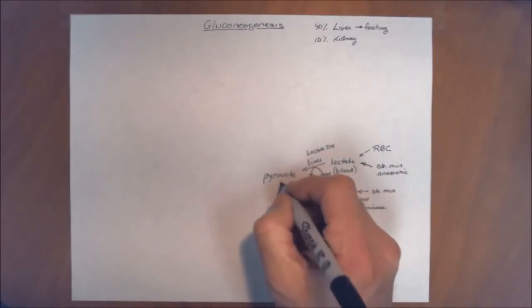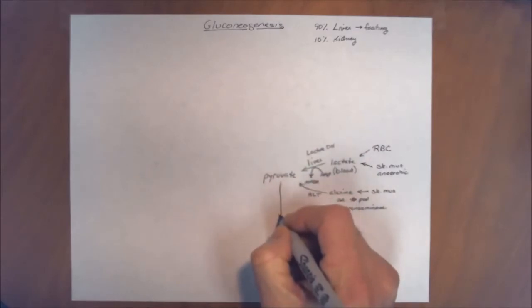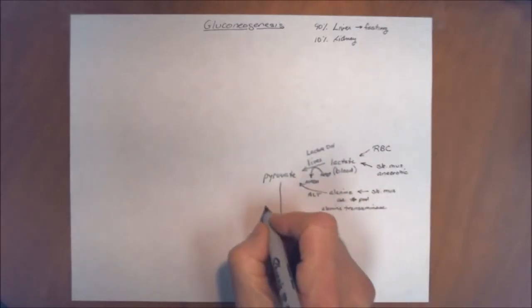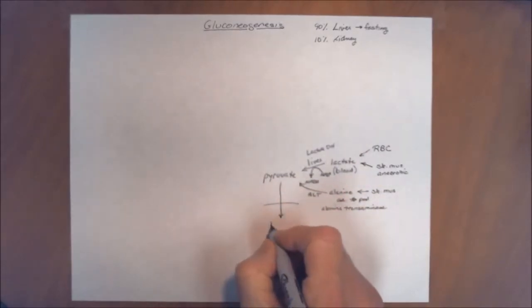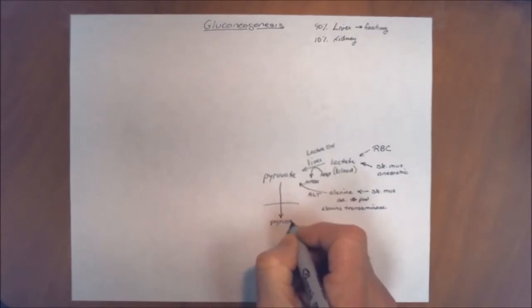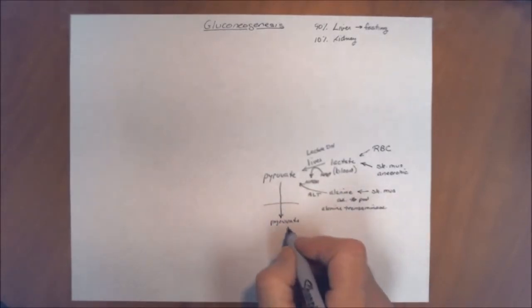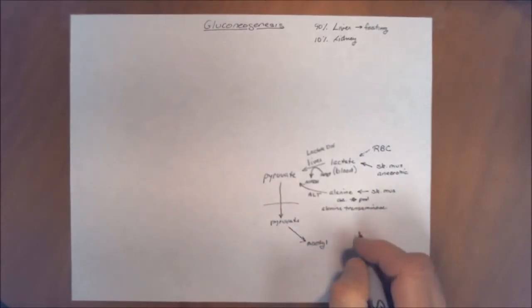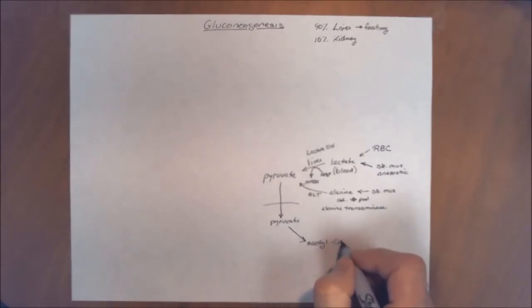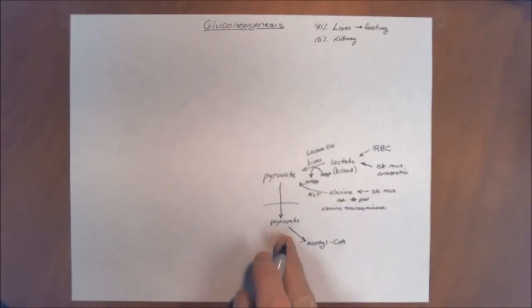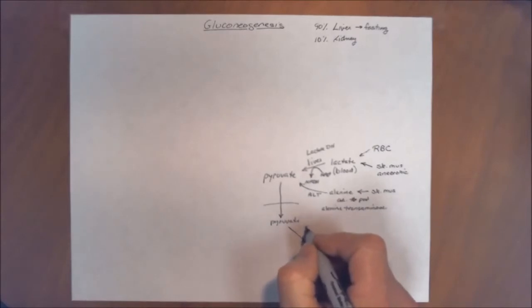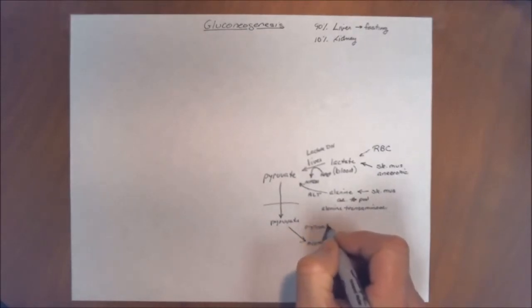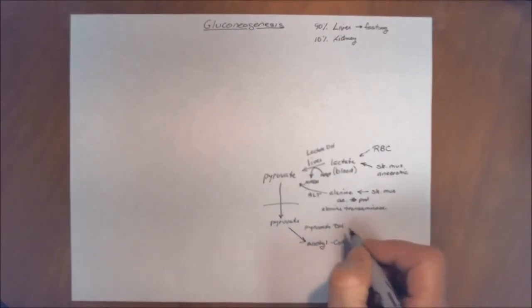Now the pyruvate enters the mitochondria, as we've seen before. Once it's in the mitochondria, it has two potential directions. The first direction, as we've seen before, is in the liver in a fed state, and this is the conversion of pyruvate to acetyl-CoA by the enzyme pyruvate dehydrogenase.